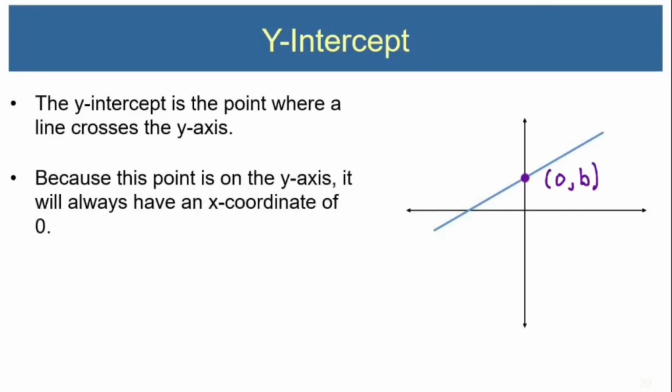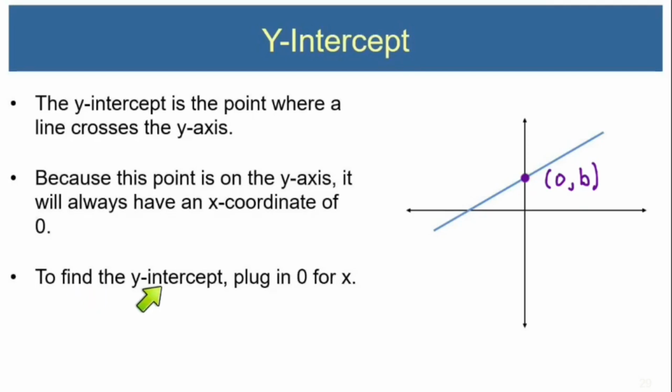Because this point is on the y-axis, it will always have an x-coordinate of 0. So it'll be 0, whatever that number is. Therefore, to find the y-intercept, you'll plug in 0 for x. Do you see how it works? Whichever intercept you're looking for, you plug in 0 for the other variable. If you want to find the y-intercept, plug in 0 for x. If you want to find the x-intercept, plug in 0 for y.